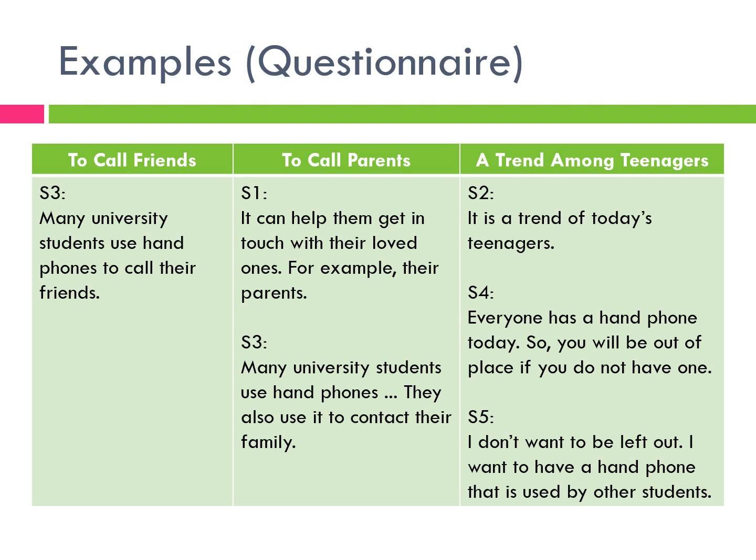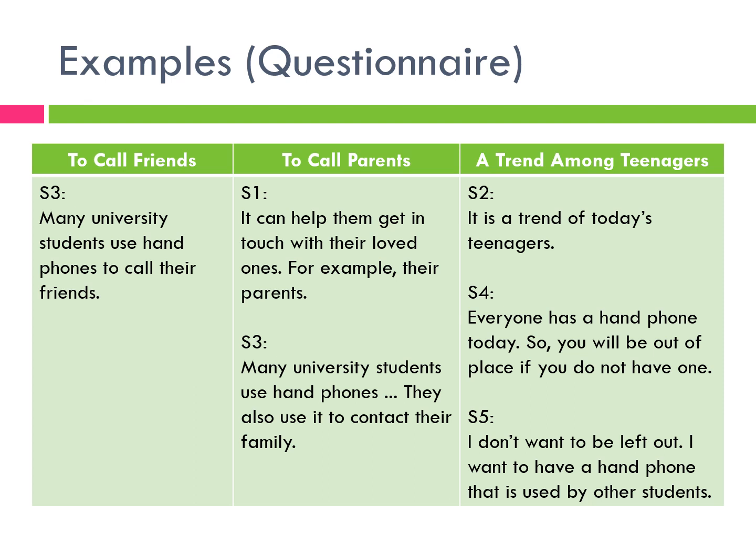Alright, then let's look at the responses by student 2, 4 and 5. This one is a completely different response, so you put it under a new category, a trend among teenagers. Student 2, it is a trend of today's teenager.